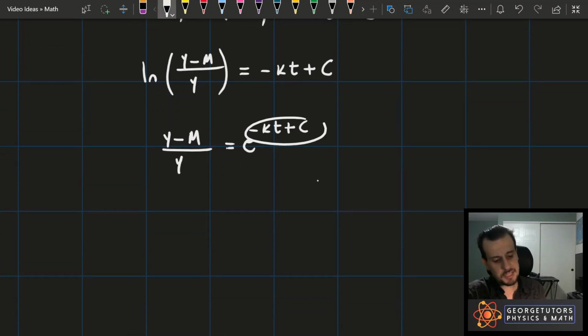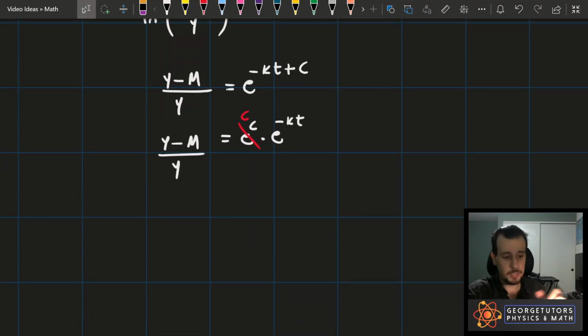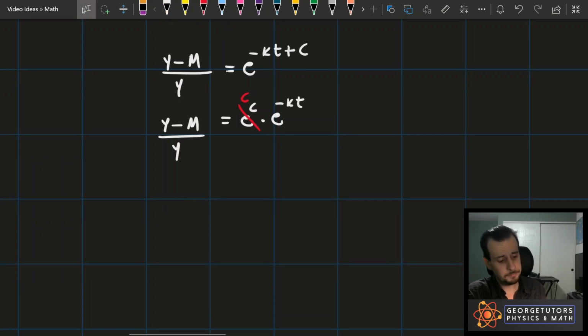And since this is a sum of powers over here, I can write that e into two parts. One, again, being e to the c, and the other one here being e to the negative kt, as this gives me the same thing back. The reason why I'm choosing to do this right now is because I can express this gigantic constant here as another constant. In fact, I can even give it the same name without losing any generality.